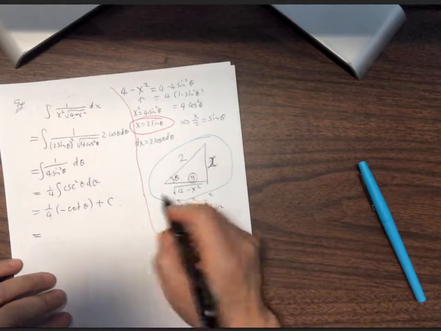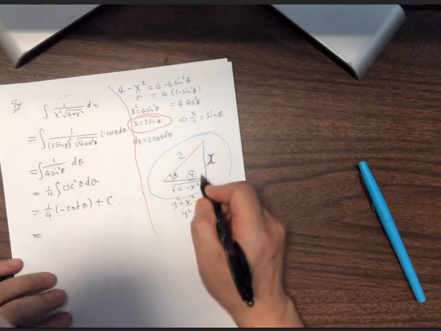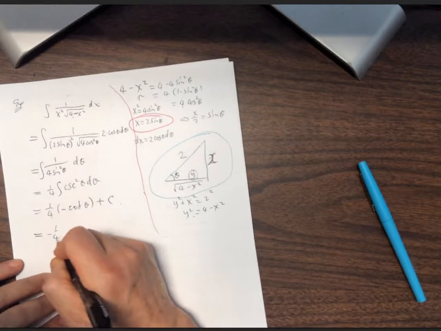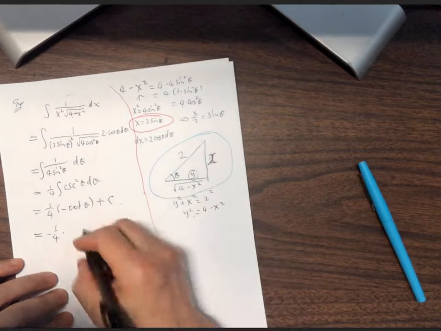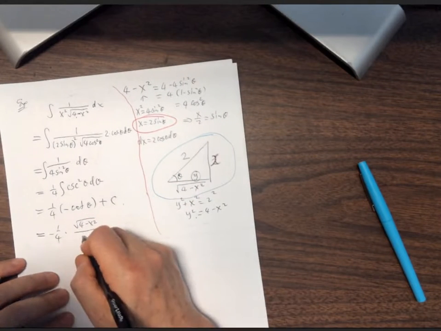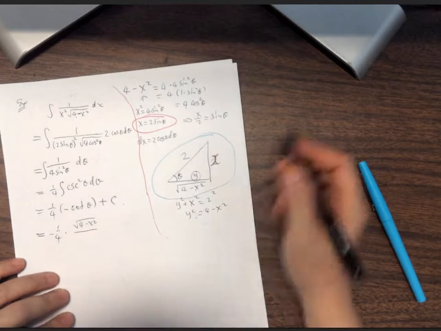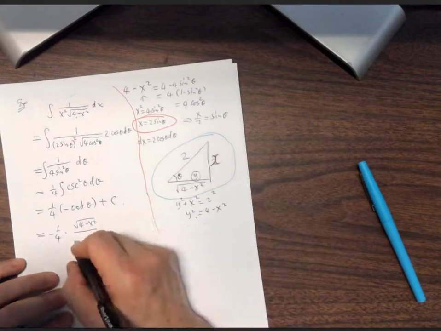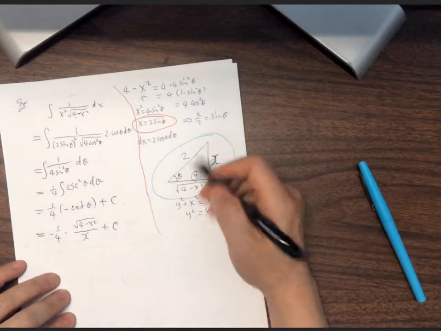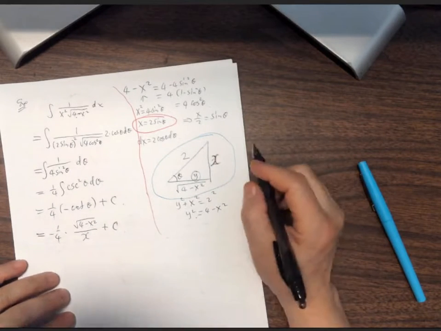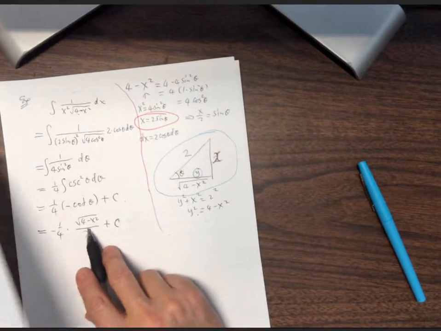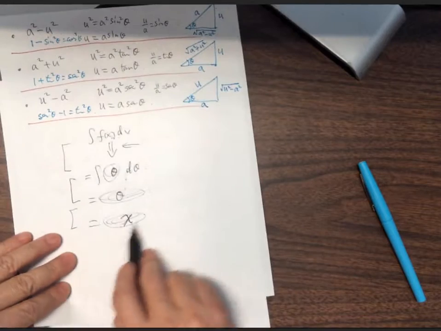Cotangent is adjacent over opposite, not hypotenuse, sorry about that. The negative we move out. Well, we got our final answer in x.